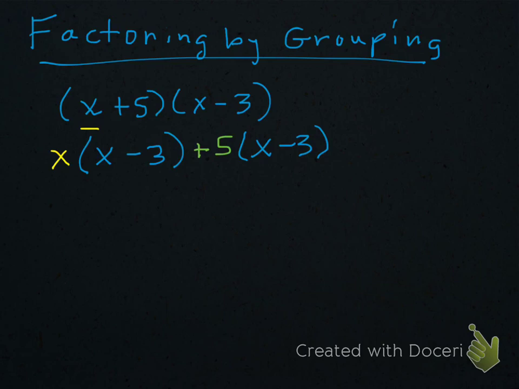So notice that each of the first two terms were split up, and then they were each multiplied by the second binomial.